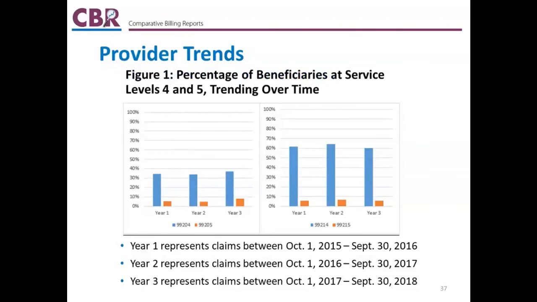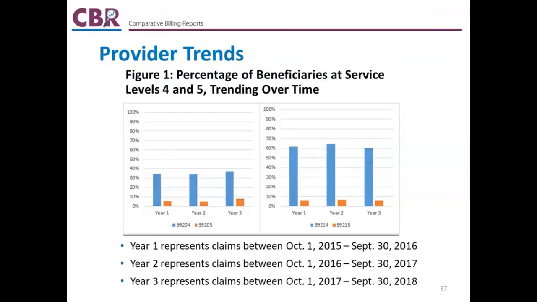You can see this specific provider's trend for 99204 in blue on the left-hand side hovers basically between 30 and 40%. And then 99214 on the right-hand side in blue again hovers right around 60%.